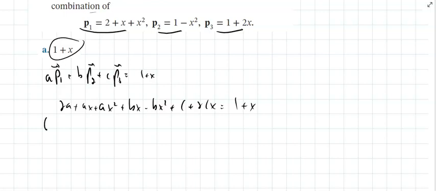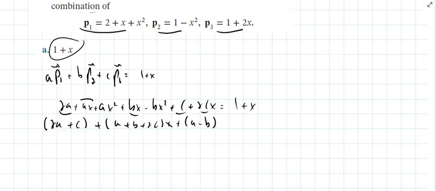We collect all the constants: 2a plus c. Then the x terms: a plus b plus 2c times x, and the square term will be a minus b times x squared, equal to 1 plus x plus 0x squared, right?